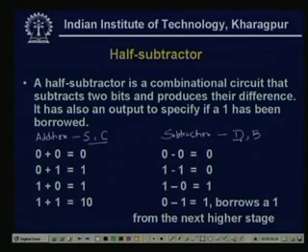Now, how the operator operates on the two operands. Again, first we see the addition operation. See here that 0 plus 0 equal to 0 and the carry is 0. 0 plus 1 is 1, carry is 0. 1 plus 0 is 1, carry 0. 1 plus 1 is actually 1 0, so sum is 0 and carry is 1.